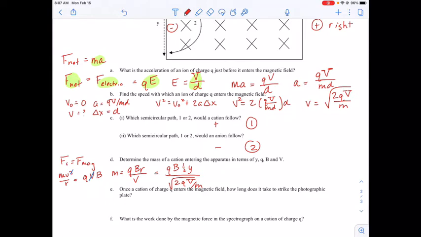So I could simplify this to solve for m. I've got m on both sides of the equation. m equals qBy over 2 times the square root of 2qV over m.